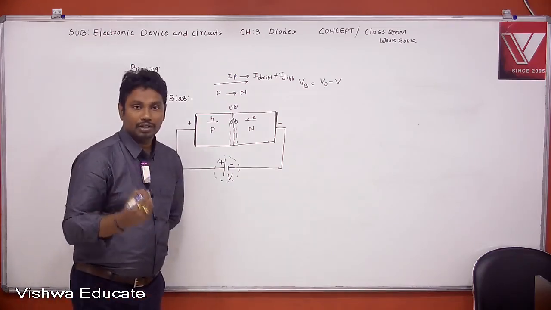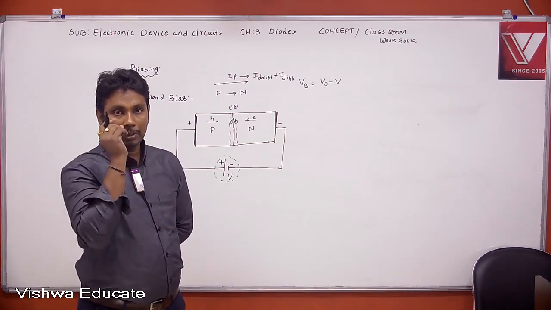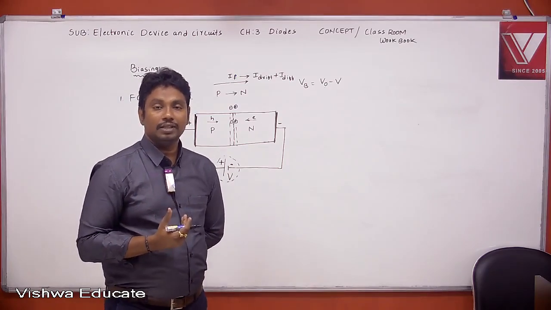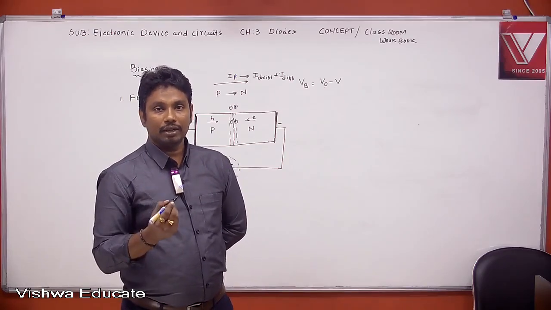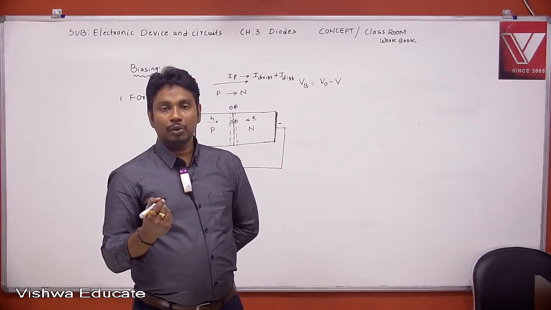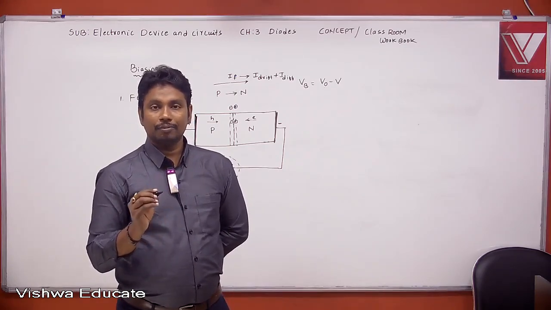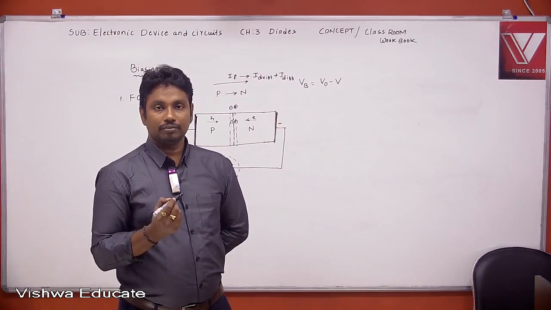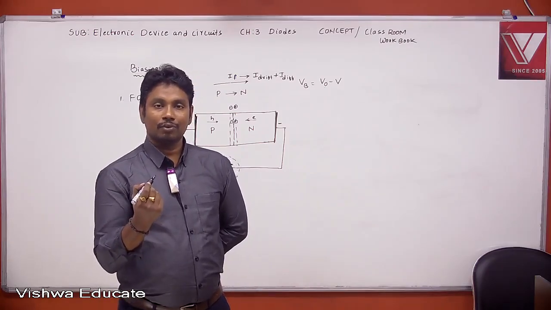Copy. Write down. Due to the small barrier potential, the majority charge carriers can easily move from P to N and N to P, and produce a net current in the direction of P to N. Underline: in the direction of P to N. This current is called the forward current.